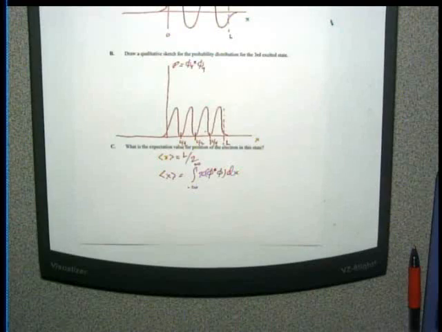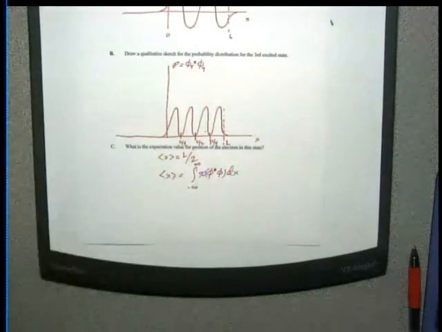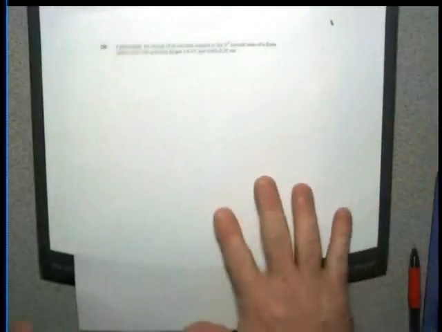There was another problem in that set, which is a little bit harder. And it says, approximate the energy of an electron trapped in a third-sided state of a finite square well with a potential height of 3.6 electron volts and width of 0.25 nanometers.